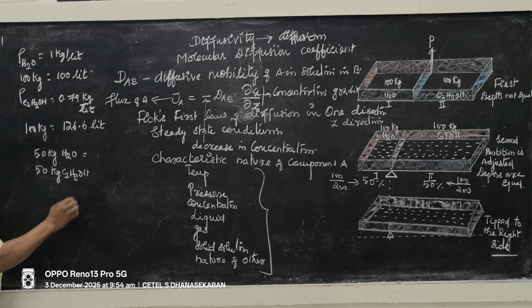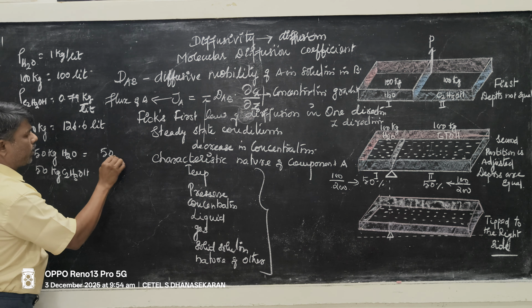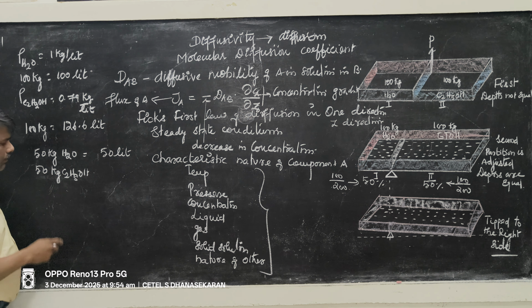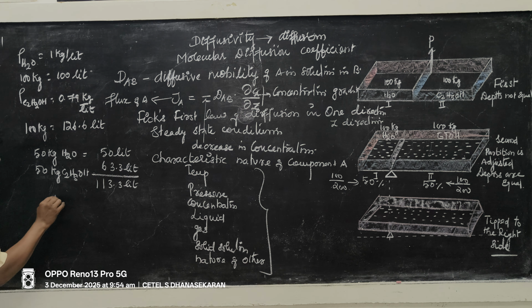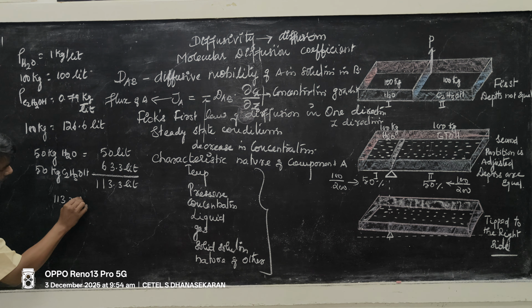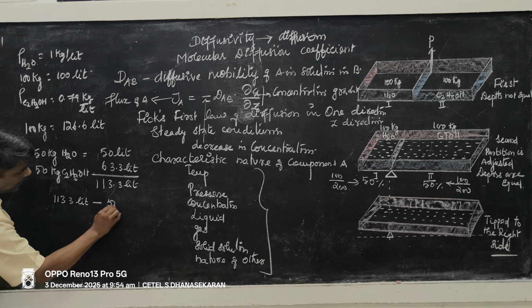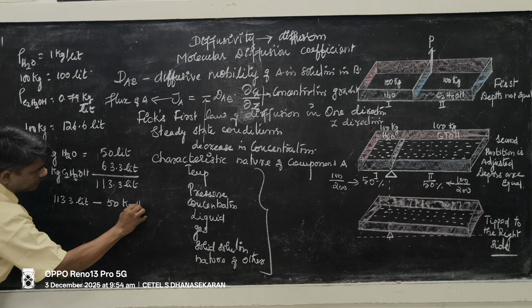Okay. 50 kg water means its volume is 50 liter. 50 kg ethanol means its volume is 63.3 liter. A total of 113.3 liter. See, 113.3 liter contains 50 kg water.